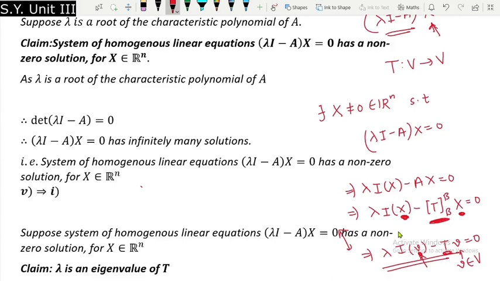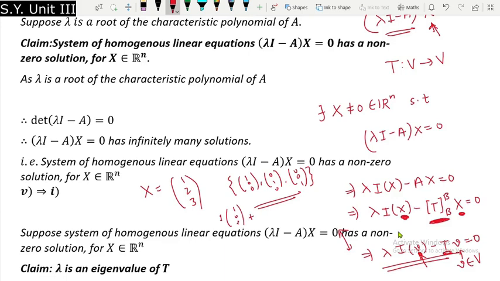Just an example. Suppose I take a case of R3. Suppose our vector is (1, 2, 3), and suppose my basis has some vectors. You can take any, but I will go for the standard basis (1, 0, 0), (0, 1, 0) and (0, 0, 1). Then what I have done is simply multiply the first vector by 1, the second vector by 2, and the third vector by 3.